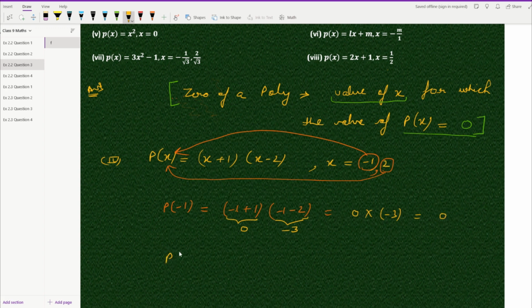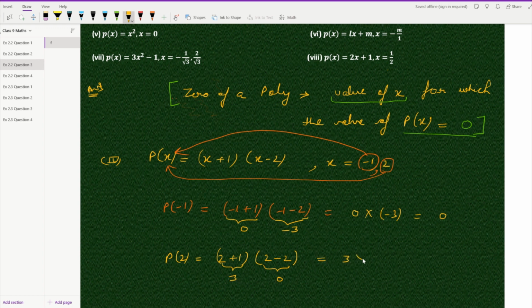Now if we put the value of x as 2, the polynomial will become p of 2. This will be (2 plus 1) into (2 minus 2). So firstly you have to solve the brackets, that is 2 minus 2 is 0 and 2 plus 1 is 3.